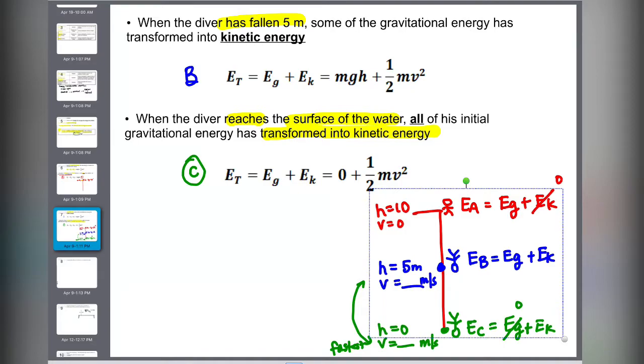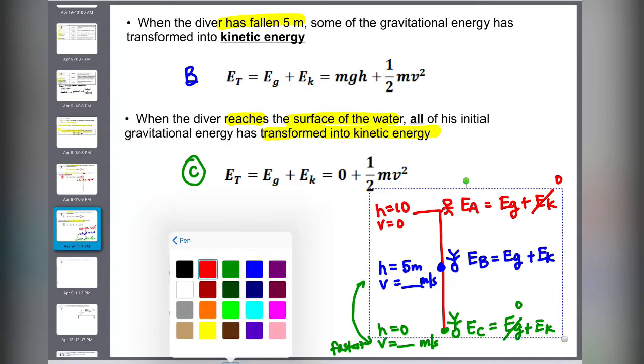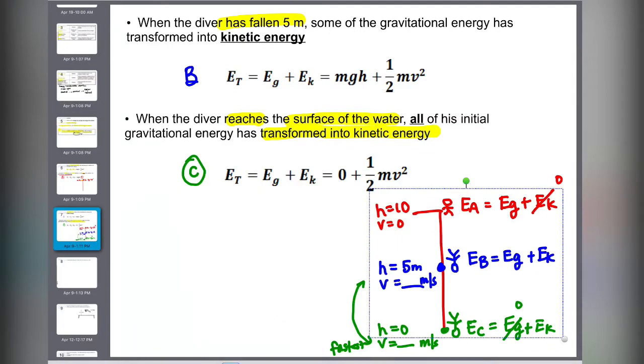And if you were to do the math, EA should equal EB should equal EC. The total mechanical energy is the same within the system. And we call this a closed system because I didn't start pushing him a bit more or whatever. So the law of conservation of energy is telling you that no matter where I am along the system, my total energy always has to be the same.